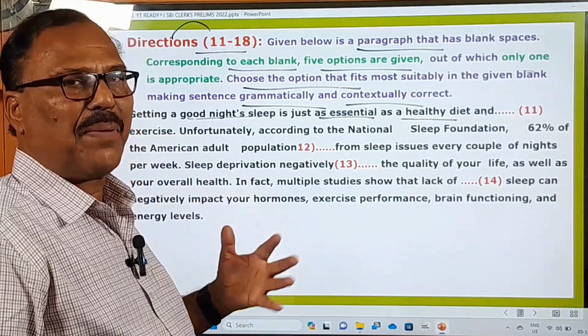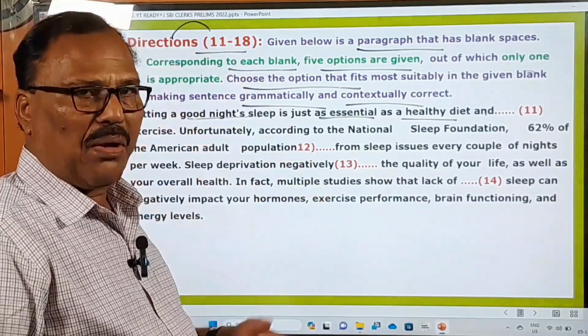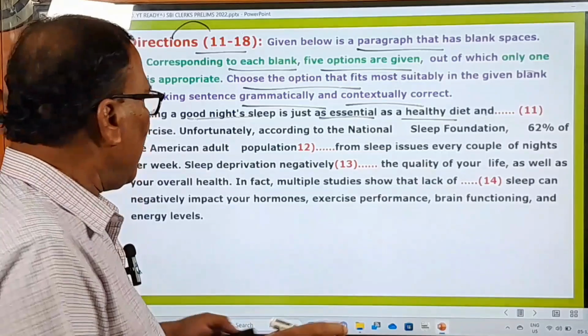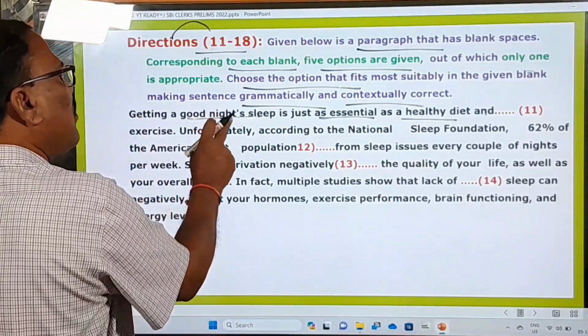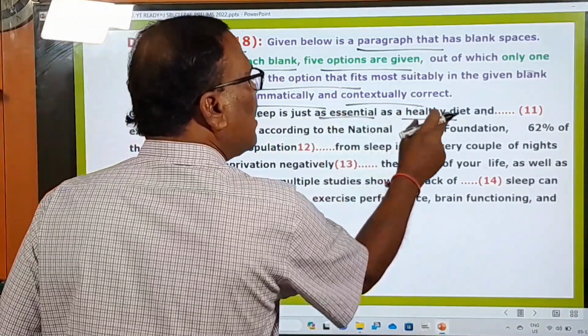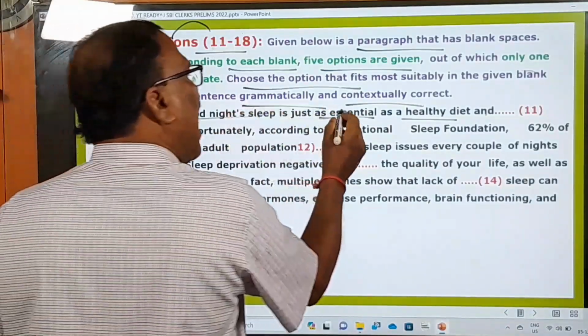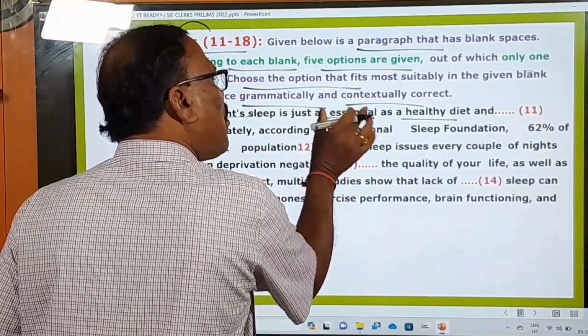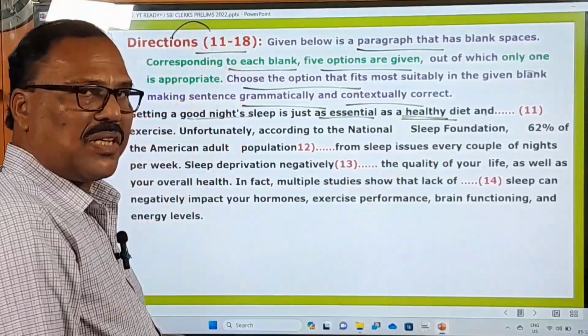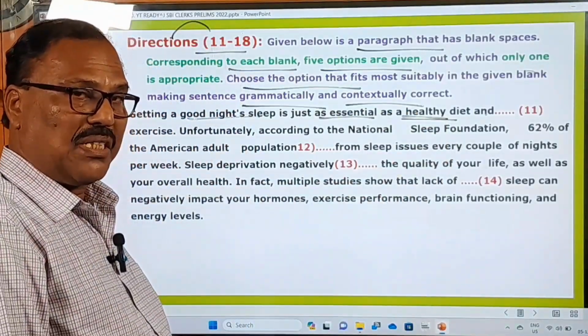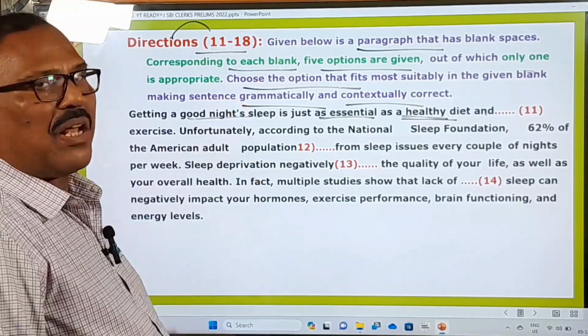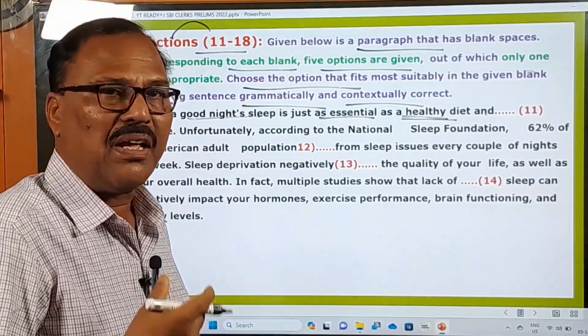We have to suffer from various mental or health problems. So having good sleep is as essential as a healthy diet, just as a healthy diet is important. Good sleep is also very essential for our health.